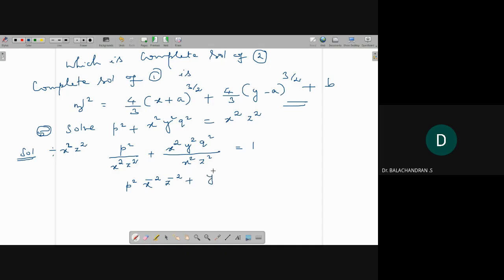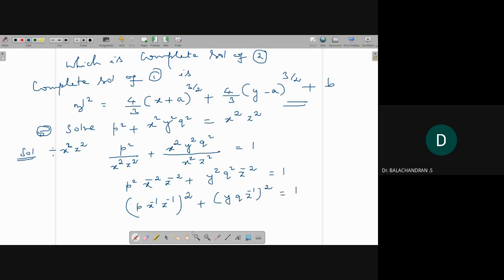Okay, y square q square z power minus 2 is equal to 1. Now I am writing this as (p x power minus 1 z power minus 1) whole square, because when you are finding the value of m and k, the power of p and the power of q should be 1. Here it is 1. Now here (y q z power minus 1) whole square. So this is equal to 1.